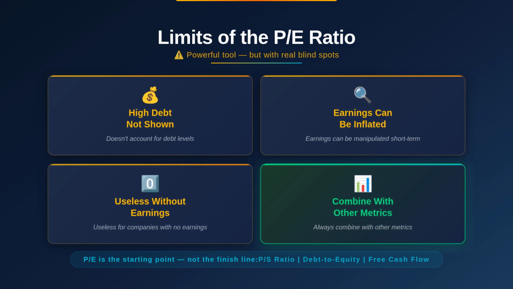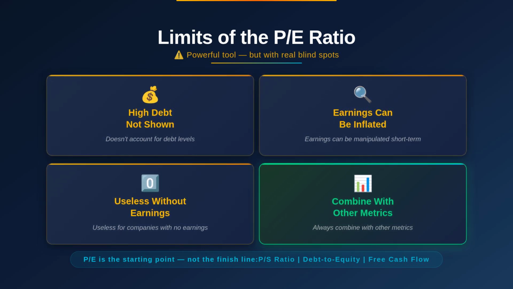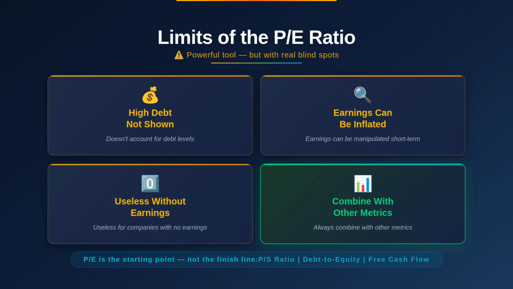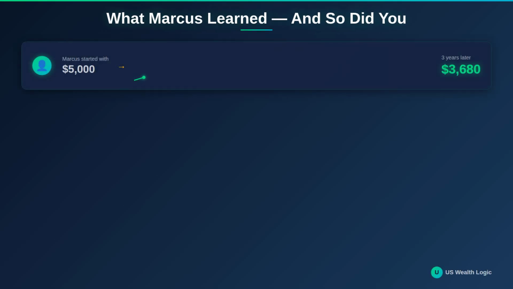And for high-growth startups with no profits yet, think early-stage tech companies, the PE ratio simply doesn't apply. Savvy investors pair PE with other metrics like debt-to-equity ratio, price to sales, and free cash flow. PE is the starting point, not the finish line.